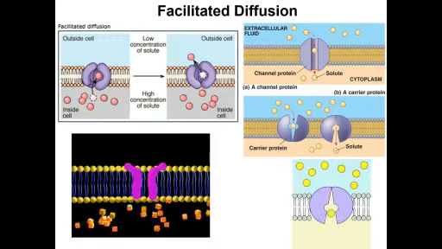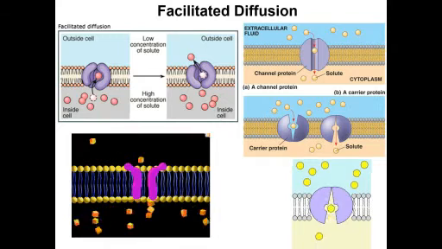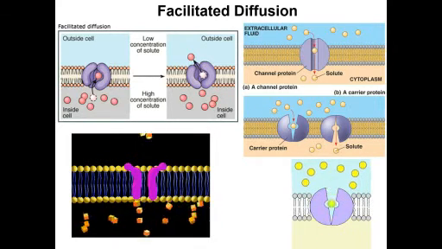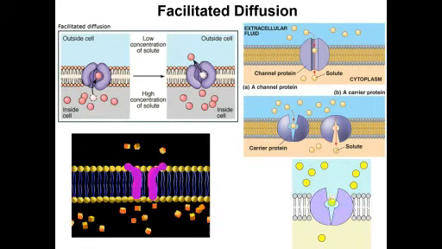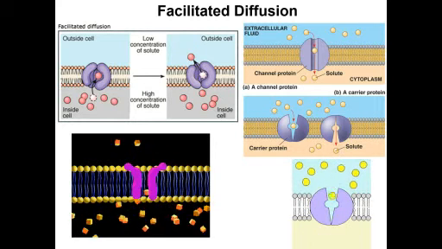Okay, so it's facilitated. It's helped. It's kind of like walking an elderly lady across the street, for example. That's what these proteins are doing. They're helping the movement of things across the membrane.